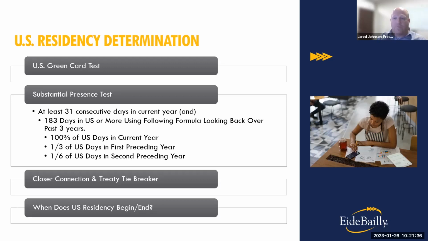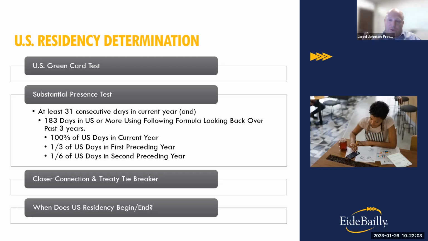So looking at your employment, your social and economic ties, are they closer tied to the UK than the US? Then if you're in the US less than 183 days, you can apply for non-residency using a closer connection by filing an 8840, if you meet the substantial presence test and you're under 183 days.